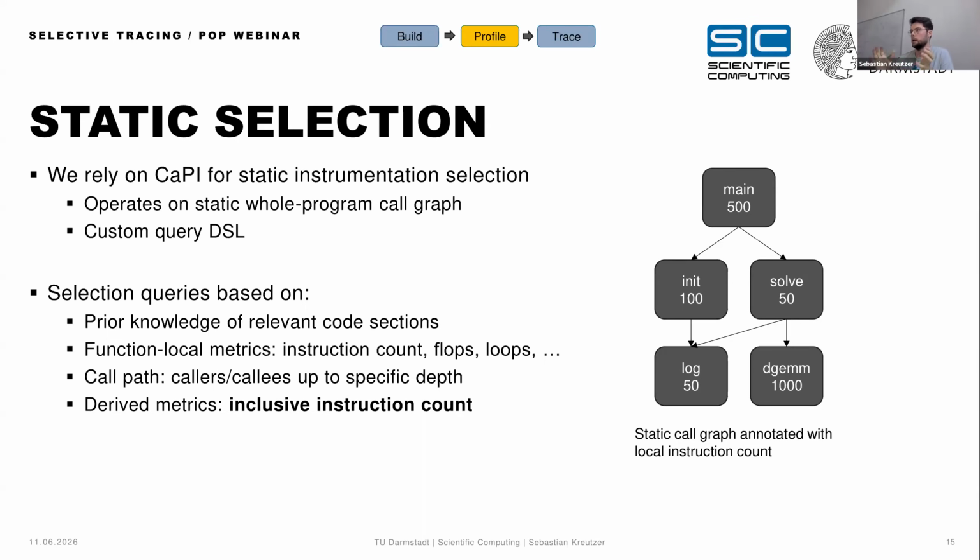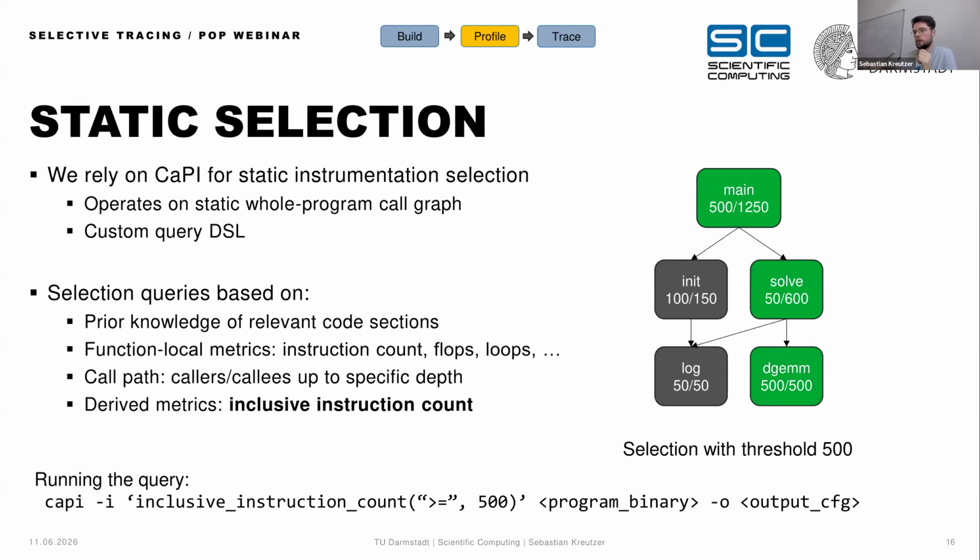So looking at the example on the right here, we have a very simple call graph of functions main, init, solve, log, and dgem, annotated with local instruction counts. So what the inclusive instruction count does is just look at all of the reachable functions from each node and sum up the number of instructions. So for a function that doesn't have any callees, it's just the local count, for example, for log here.